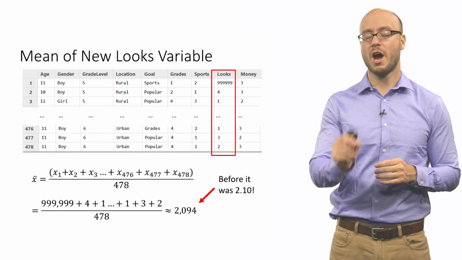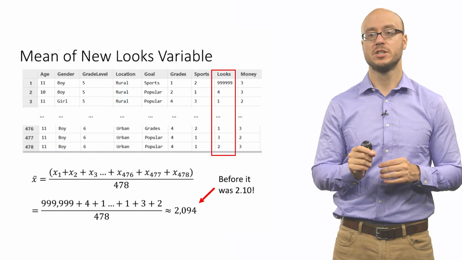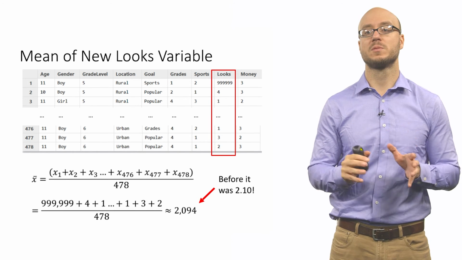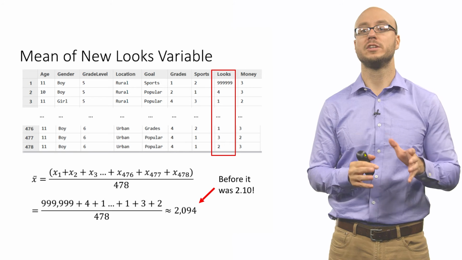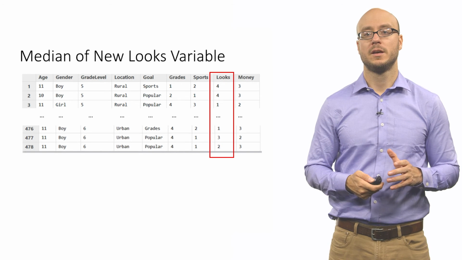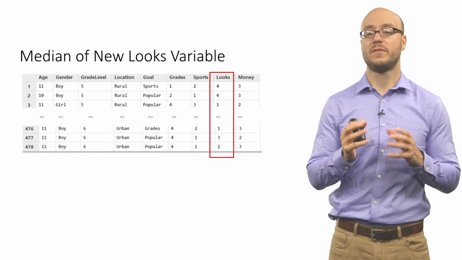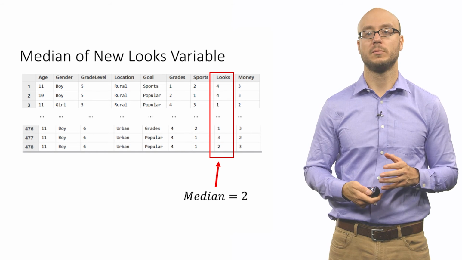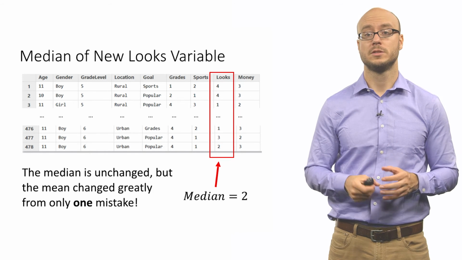But just changing one of those observations inflates the mean enormously from 2 to roughly 2,000. But what happens if we calculate the median, or the 50th percentile, of this looks variable? Well, the median is 2. So the median is unchanged. The important point here is that the mean changed, but the median did not. That's because the median is robust to outlying values or extreme values.